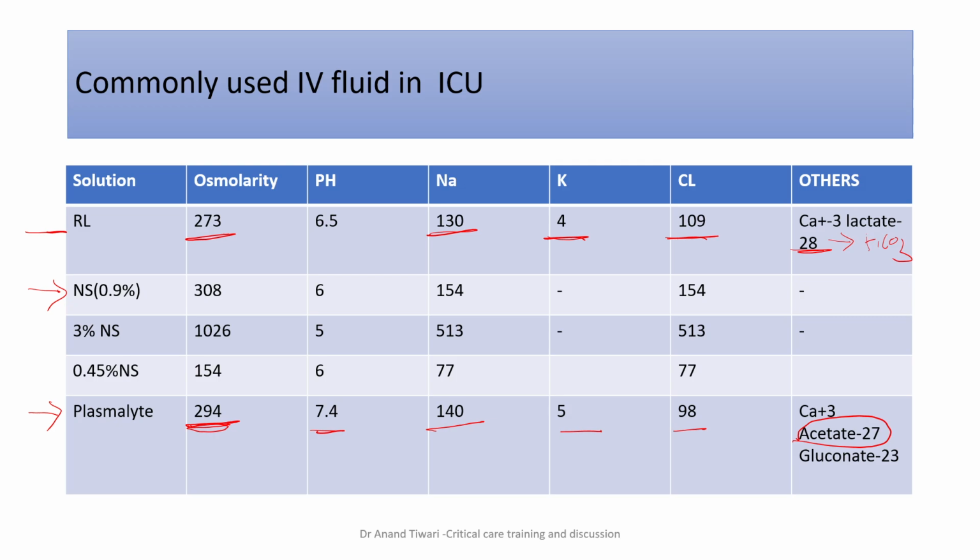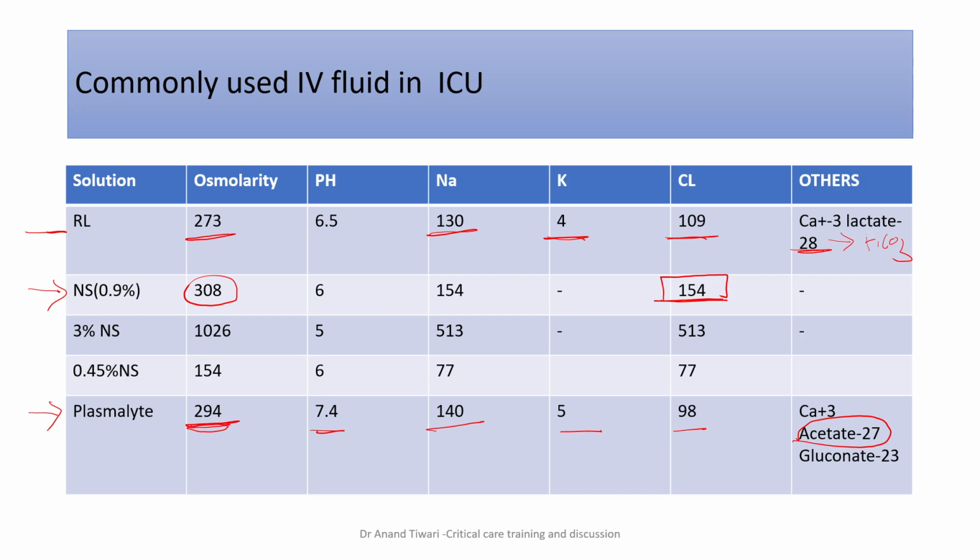Coming to normal saline, the osmolarity is 285 to 295, slightly on the hypertonic side, and the abnormal electrolyte here is chloride, which is 154, way more than what we see in the plasma, that is 98, 99. So this actually has good isoosmolarity, but it is an unbalanced solution.